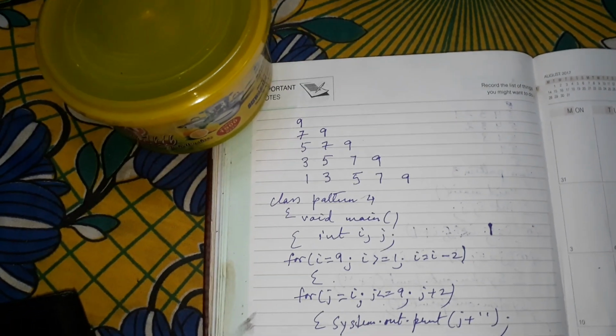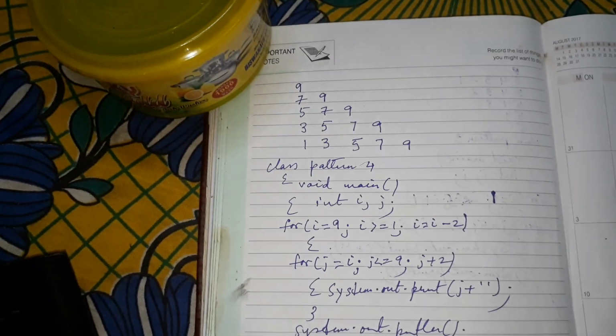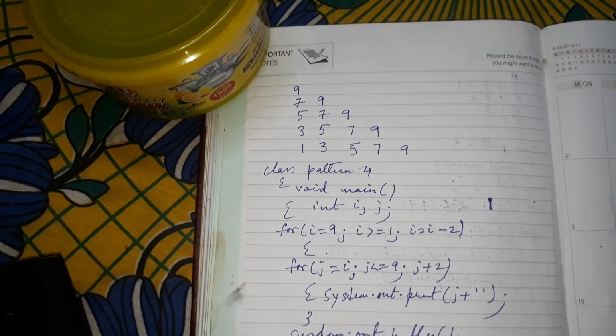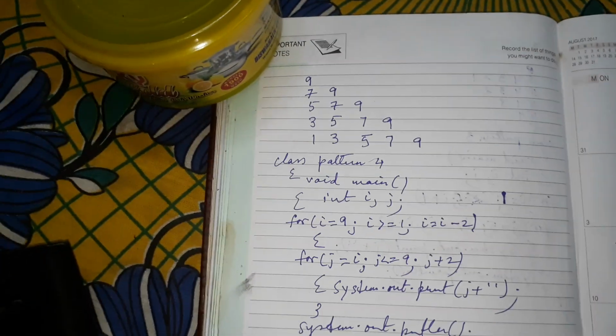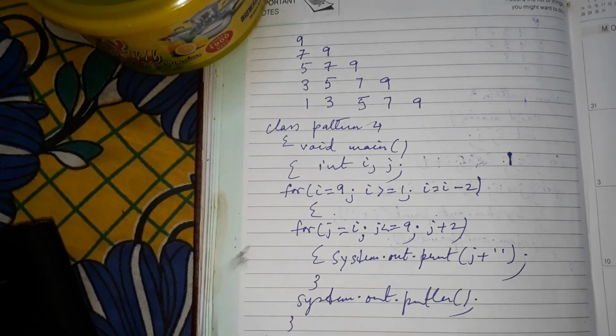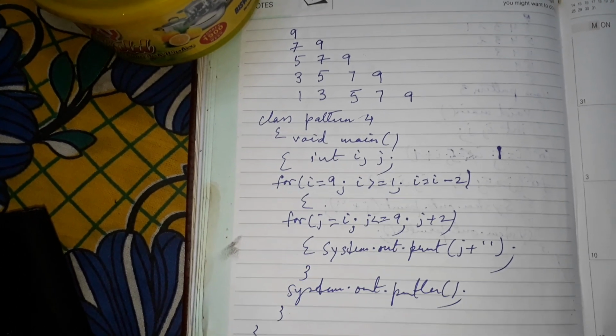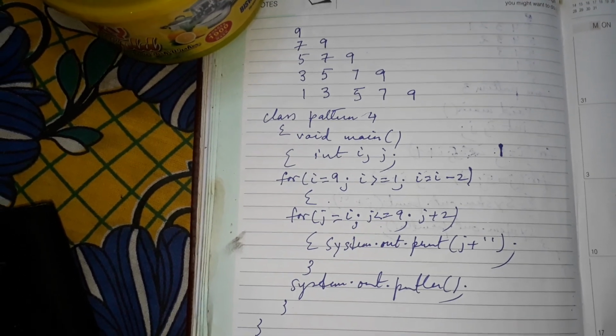So like that the I loop will be set from 9 to 1 and I equal to I minus 2, and every line will begin with I, end with 9. Then the J loop is printed. Then again, to bring the cursor down, you have system.out.println.